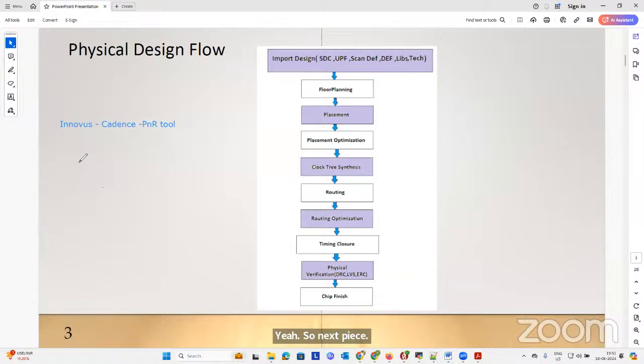What are the input files we are using? SDC, standard design constraints. Next is UPF, Unified Power Format. These all are the terminologies. Next is scan-DEF.